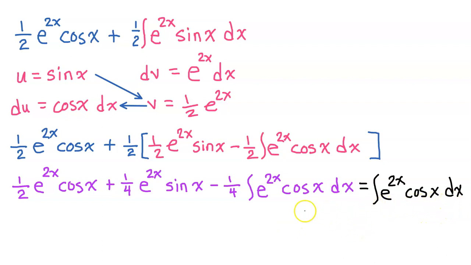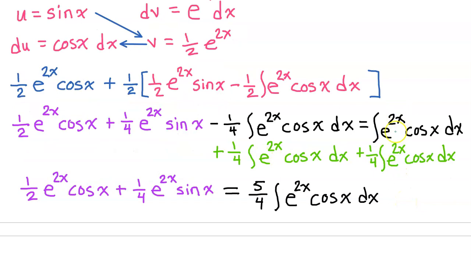The original integral appears in the expression that we just found right here. That means these two terms are actually like terms. We can put them together by adding 1/4 integral e to the 2x cosine x dx to both sides of the equation. When we add these like terms together, we get this.